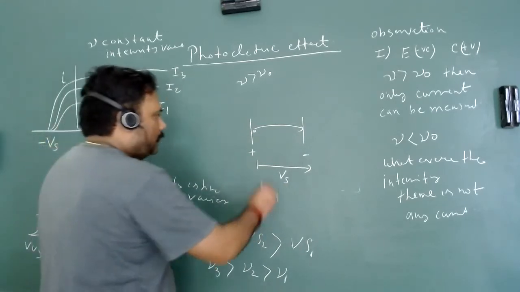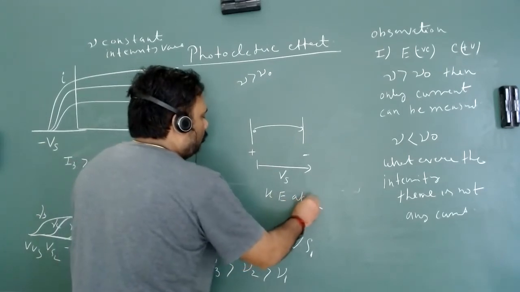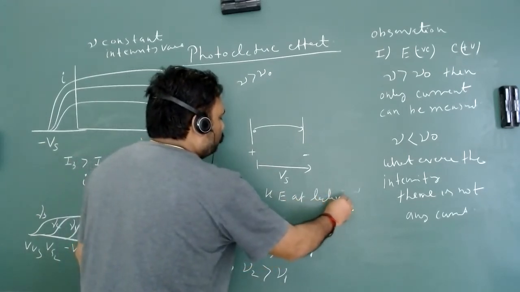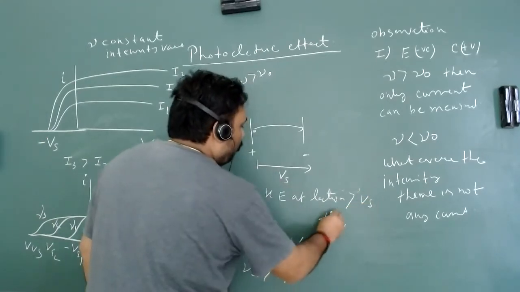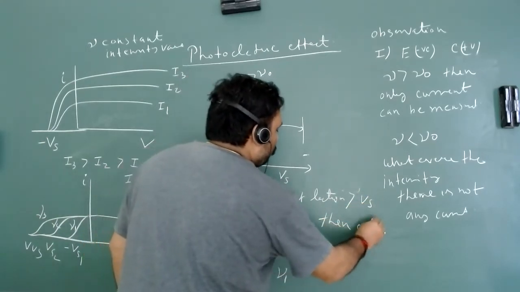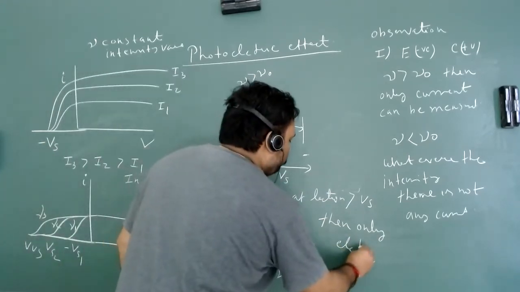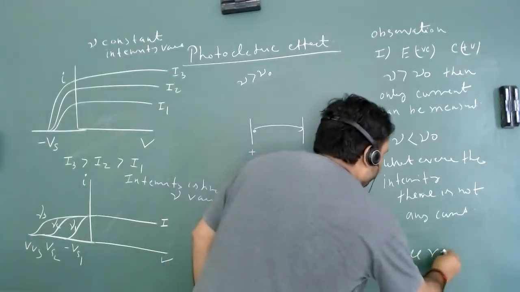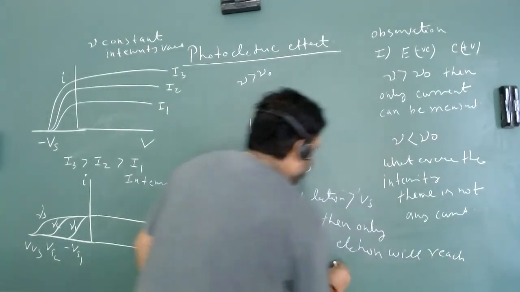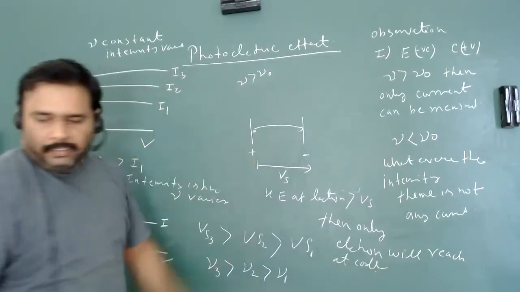So I can say that only if the kinetic energy of the electron is greater than Vs will the electron reach the collector. This is a very simple thing.